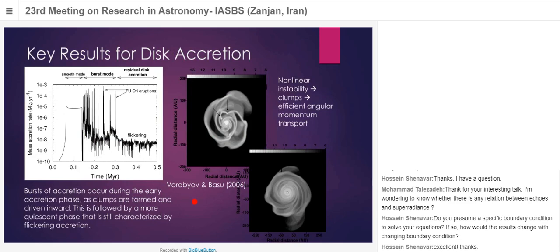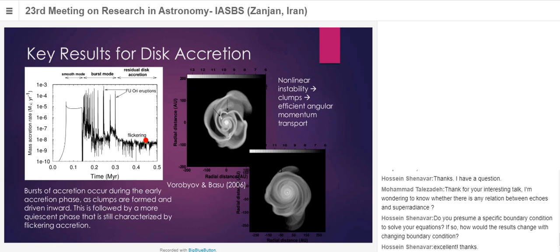Okay, so this has some of the key results of this kind of modeling. Remember, the idea is it's self-consistent modeling from prestellar core collapse. If you start counting the mass accretion rate onto the central object after it's formed, then you see that there's an initial smooth phase of accretion, but then you go into this very bursty, flickering mode of accretion.